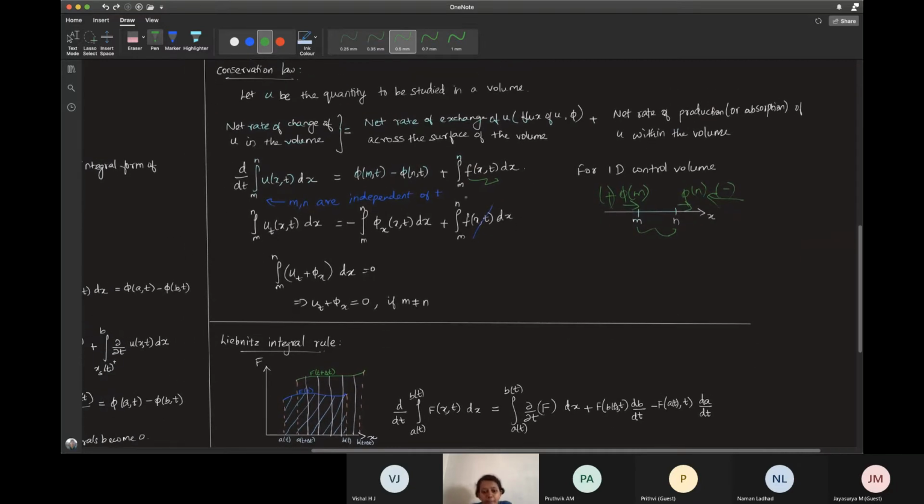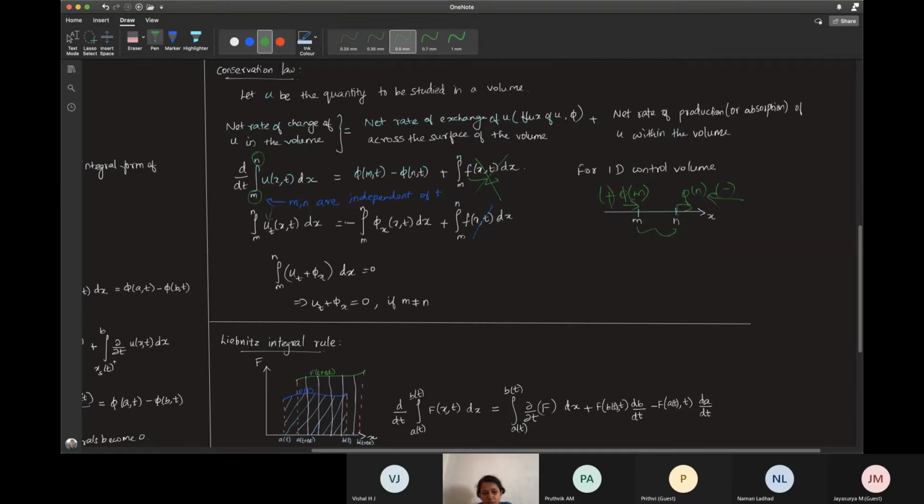So we neglect this quantity. Here m and n are constant points on the x-axis. They are not dependent on time. Your control volume is fixed. So upon integration, you can take the derivative inside.